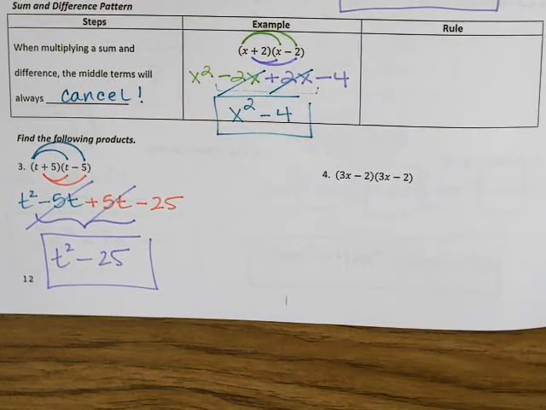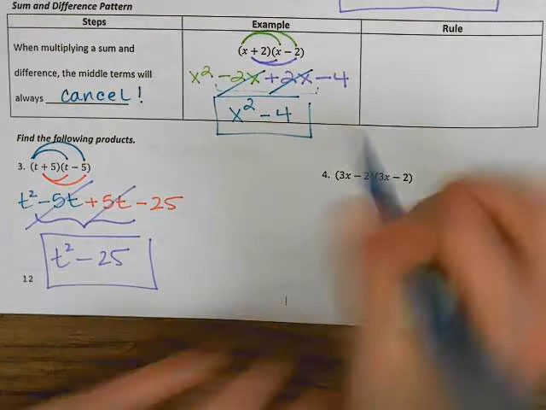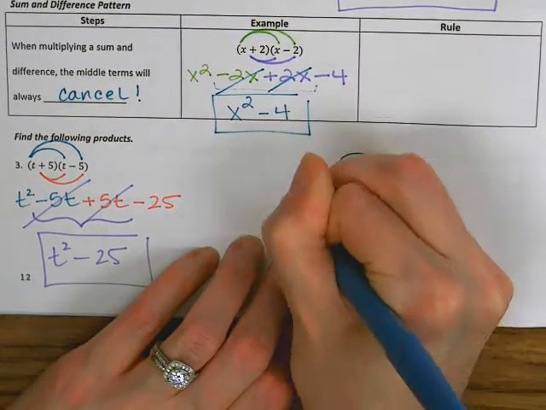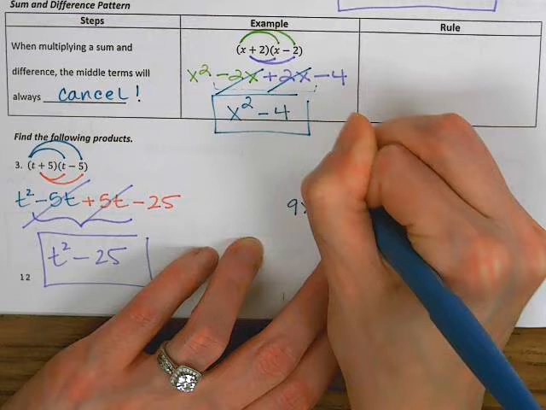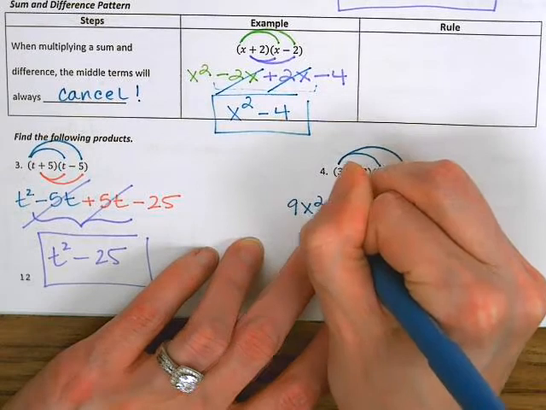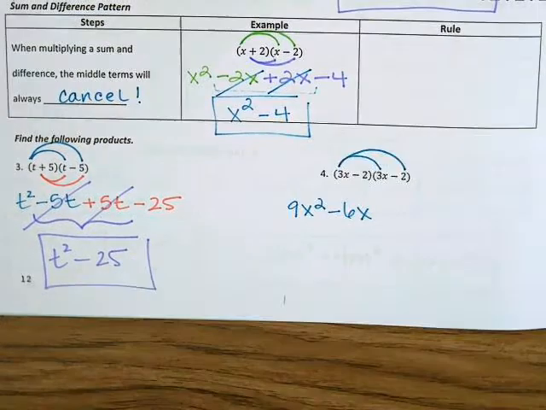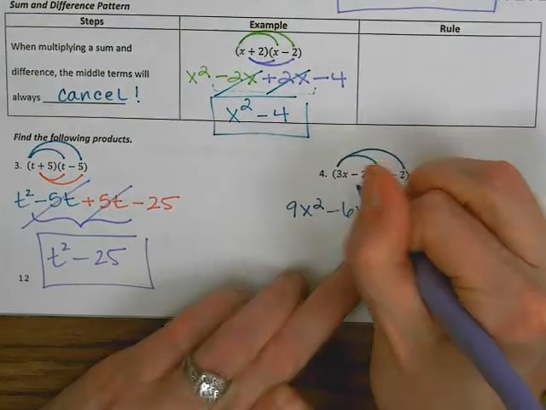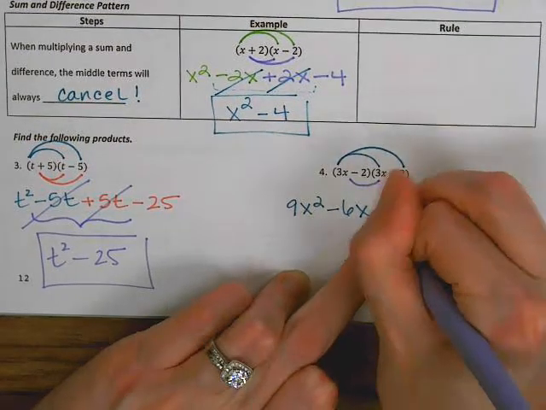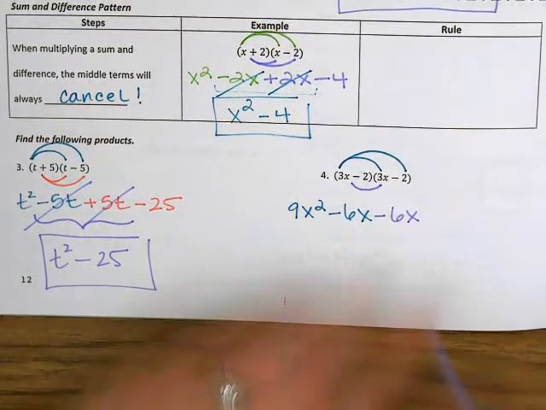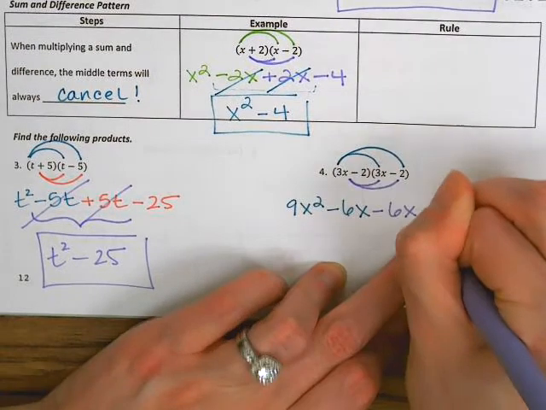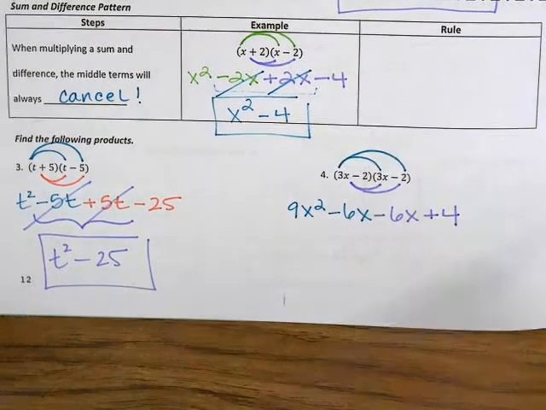So this is just an old review problem. So 3x times 3x is 9x squared. 3x times negative 2 is negative 6x. Negative 2 times 3x is negative 6x. Negative 2 times negative 2 is positive 4. Now be careful.